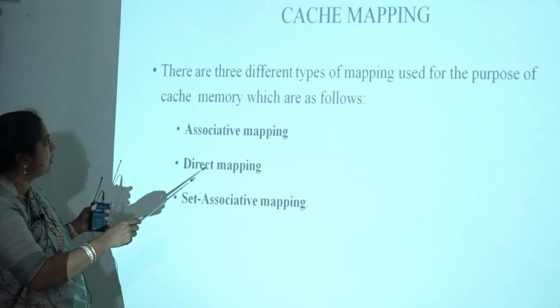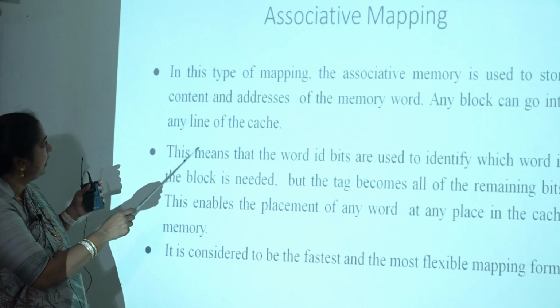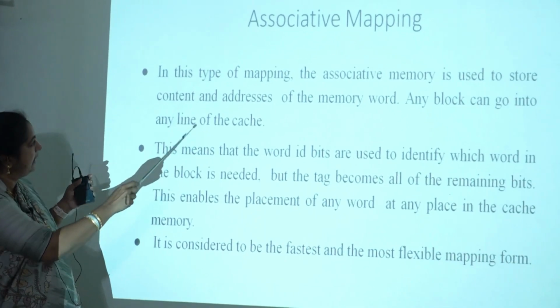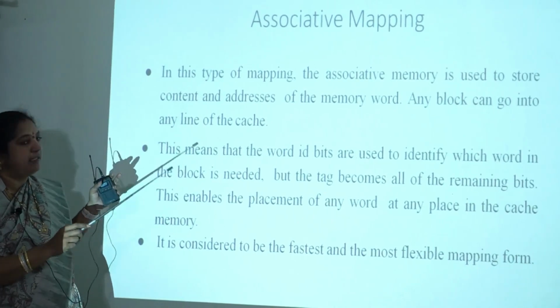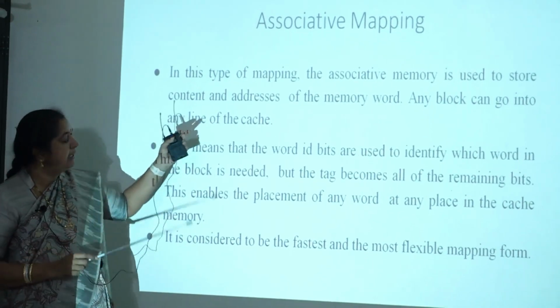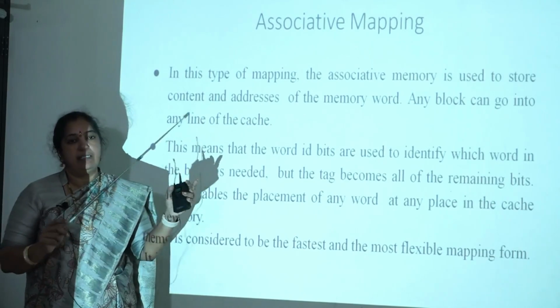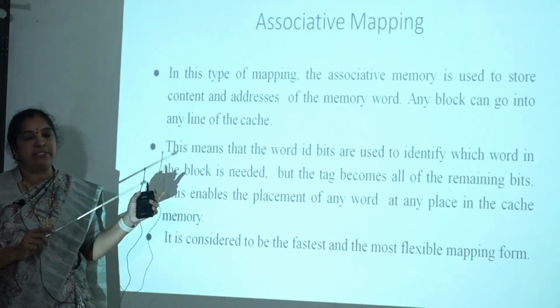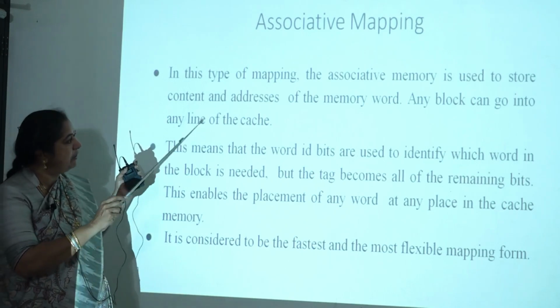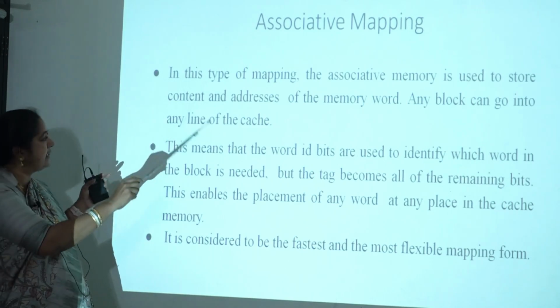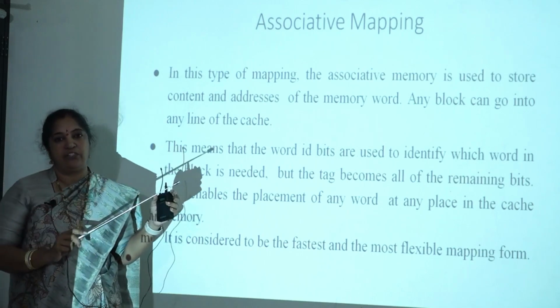Coming to associative mapping, in this mapping we store the complete content: the address as well as the memory word. The address and memory word as a block are transferred into a line of the cache.